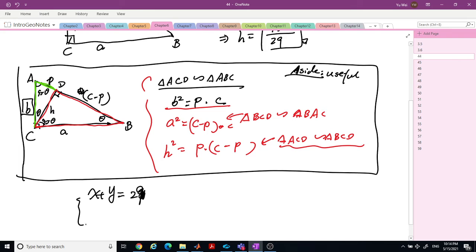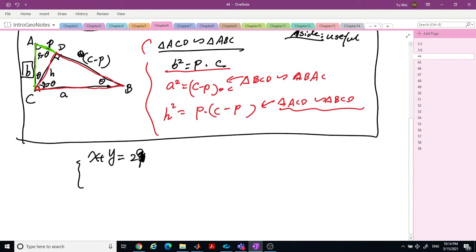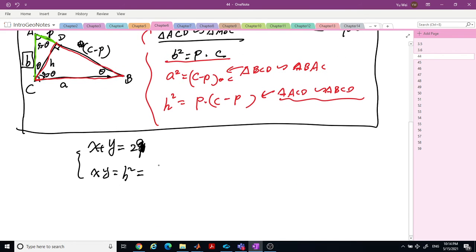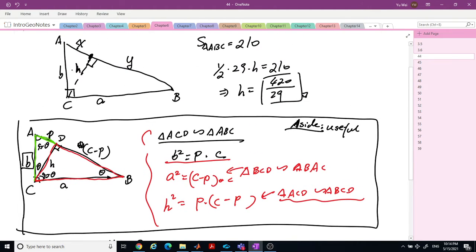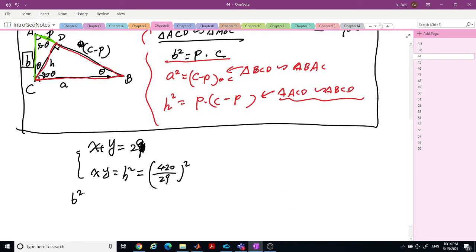And we have X times Y is H squared, right? So we also have B squared is X times 29, and C squared is Y times 29.